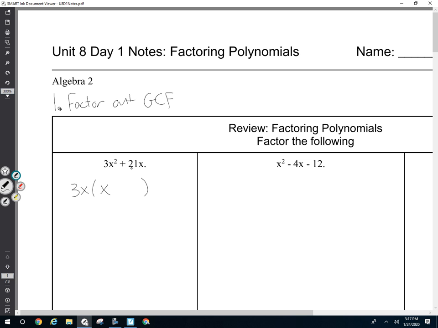Ms. Brown, if I pull 3x out of 21x, what do you think I have? Well, you can either think 3x times something is 21x, or I could think what is 21x divided by 3x? 7? Yeah, plus 7. Okay, good.